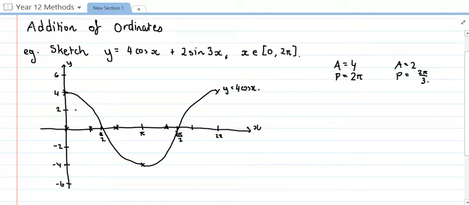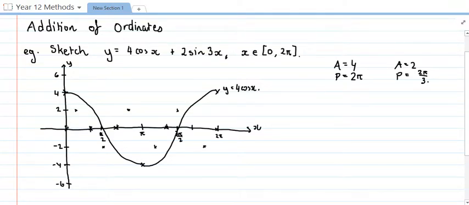That means it's going to be passing through here as well, so it has to go up to its maximum, down to its minimum, and then repeat, up to the maximum, down to the minimum, and one more time just in here, and then it will eventually finish here.